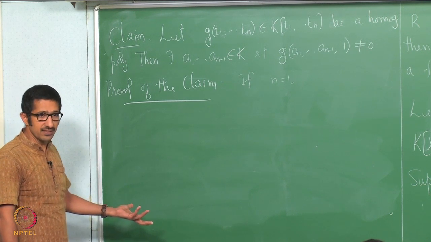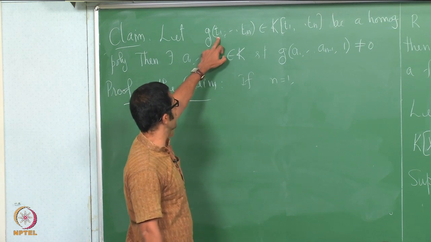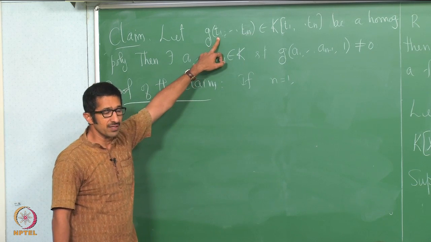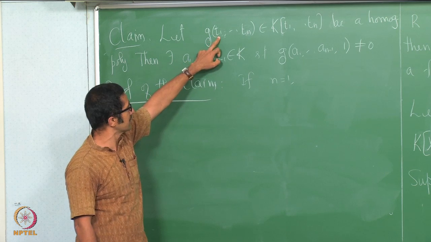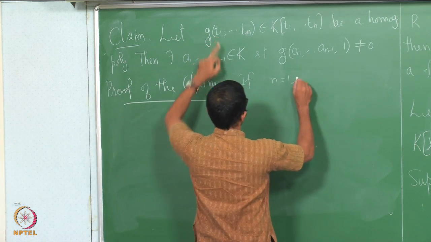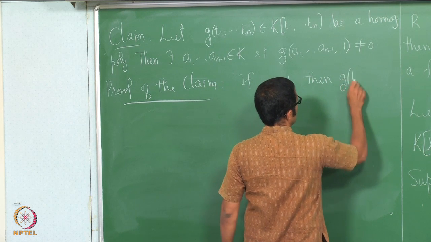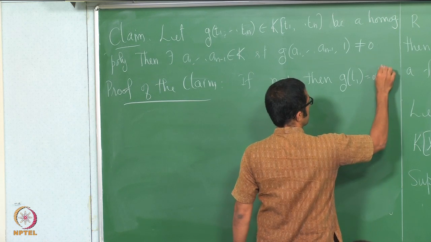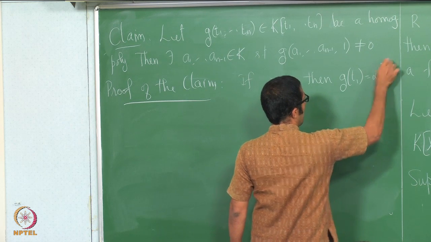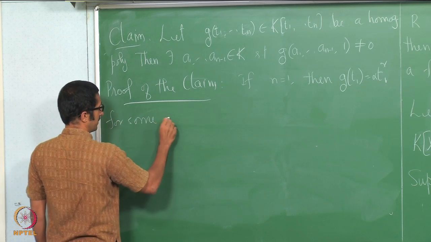Take any non-zero g of degree some r; if n is 1, then g(t1) is some alpha t1^r for some r, because it is a homogeneous polynomial.